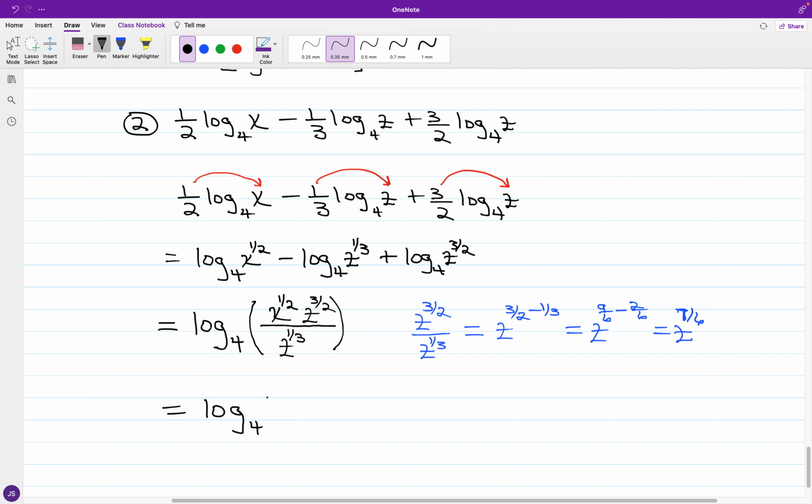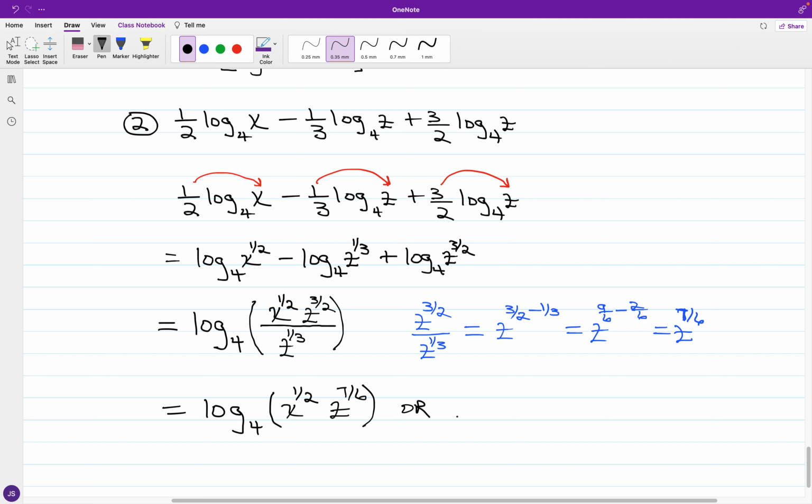So we can say we had the base 4 logarithm of x to the 1/2, and with z to the 1/3 out of the picture since we are dividing into z to the 3/2, you have z to the 7/6. This is one way you can express it.